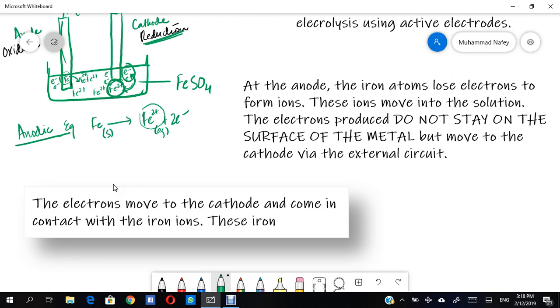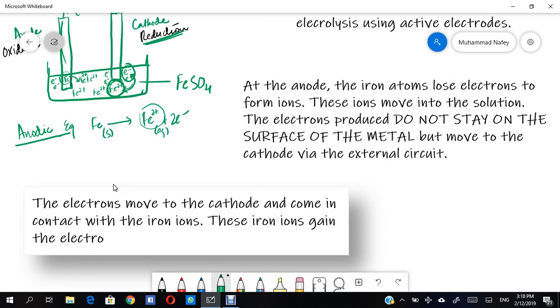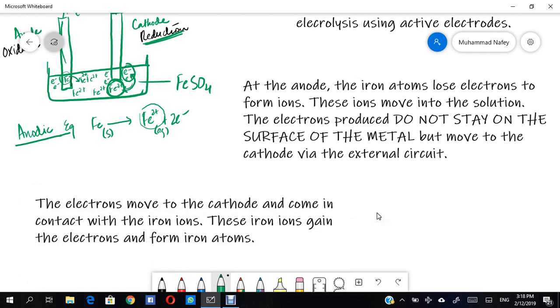These iron ions gain the electrons and form iron atoms. So what happens is that Fe2+ ions gain the electrons and form Fe. As a result, with time, iron will start forming at the cathode.